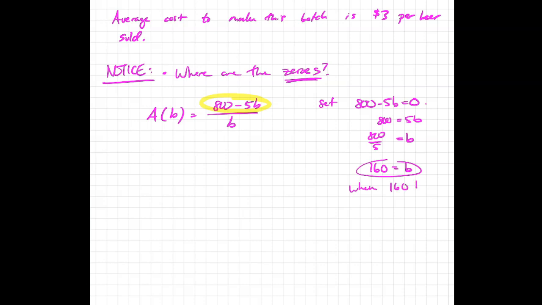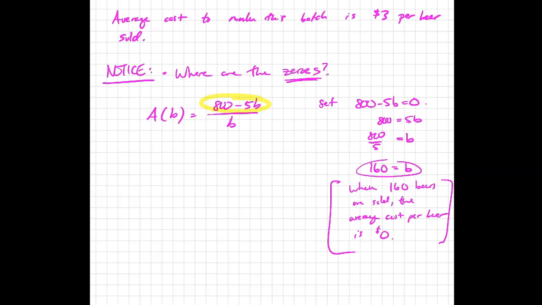When 160 beers are sold, the average cost per beer is $0. So it's kind of the break-even point for the brewer, right? I know I need to sell at least 160 of these beers if I'm going to break even. Otherwise, each of these beers is going to cost me money, right?